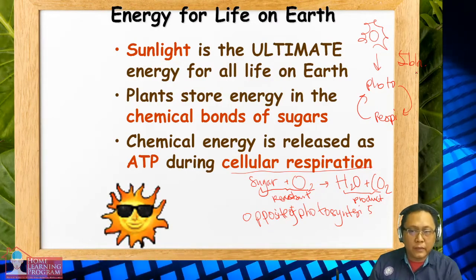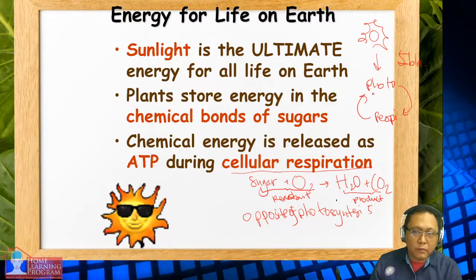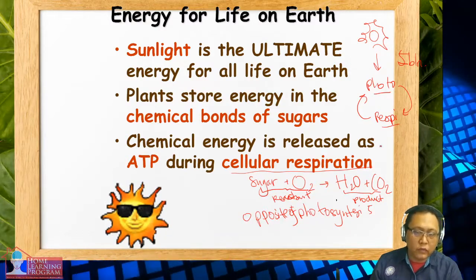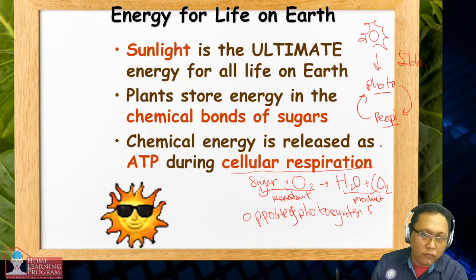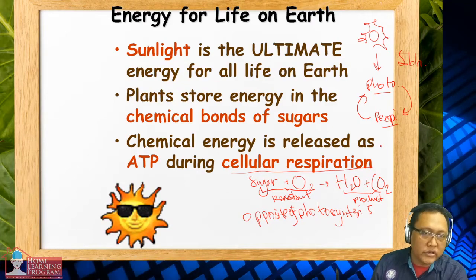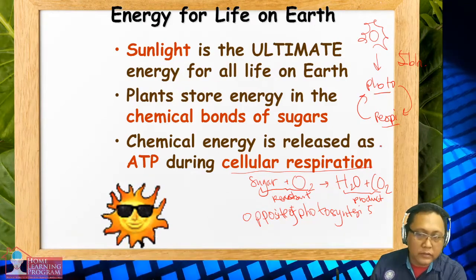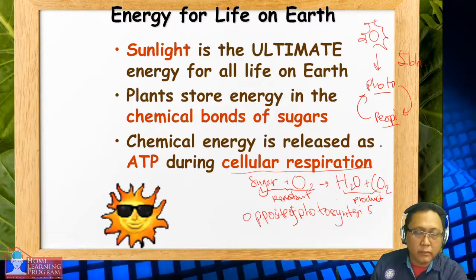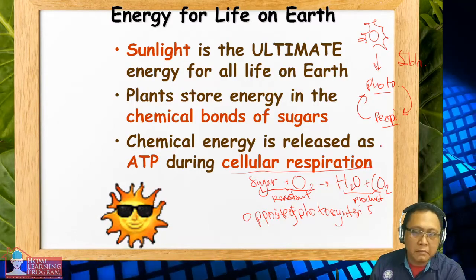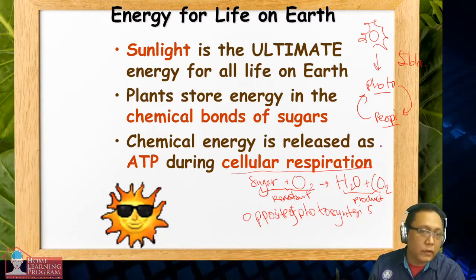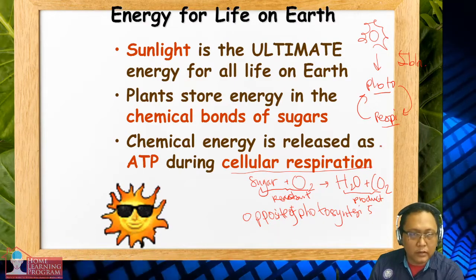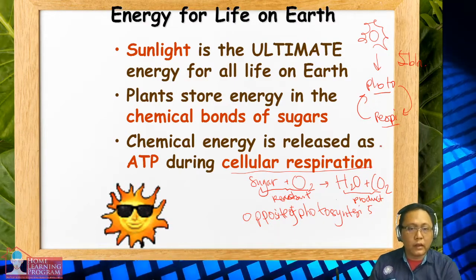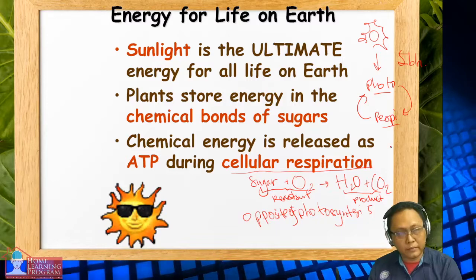So until that time comes, photosynthesis and respiration will keep complementing each other. It's such a perfect system, such an important reaction, and that's why we learn about them, so we are able to respect them.